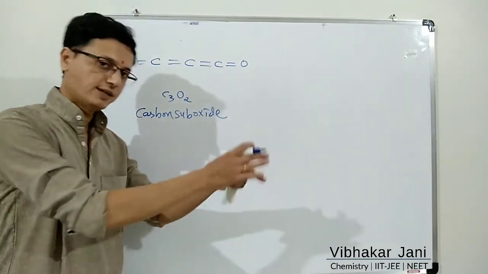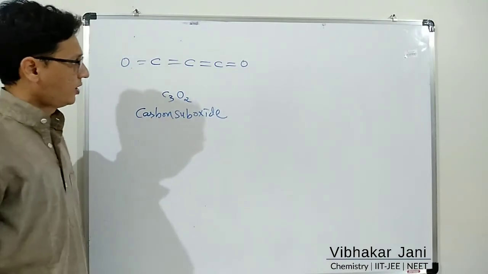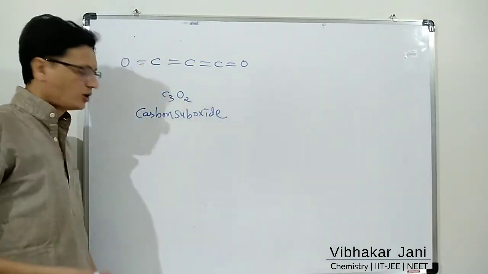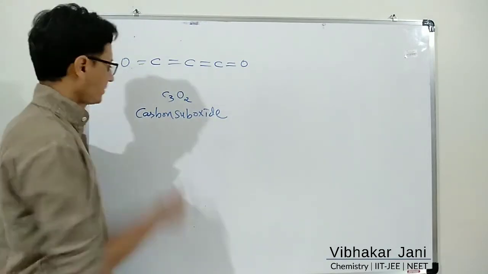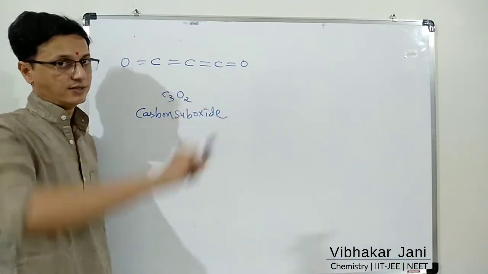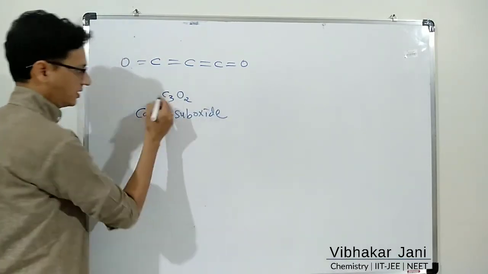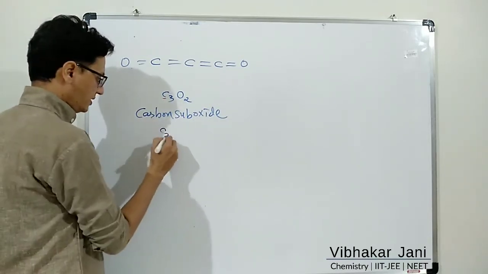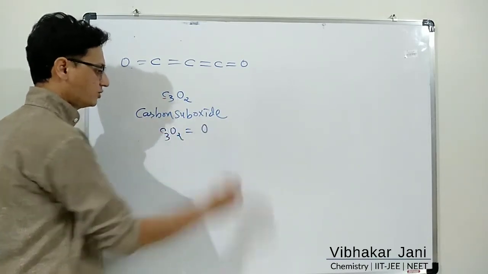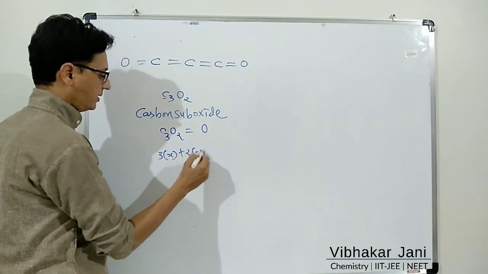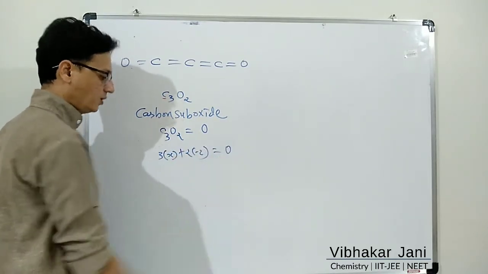This is carbon suboxide. Now here we have three different carbons, and if you find the oxidation state of carbon by using this formula, then you will get a fraction. Let us count the oxidation state of carbon from this carbon suboxide. So C3O2 is equal to 0. 3 multiplied by x plus 2 multiplied by minus 2 is equal to 0.